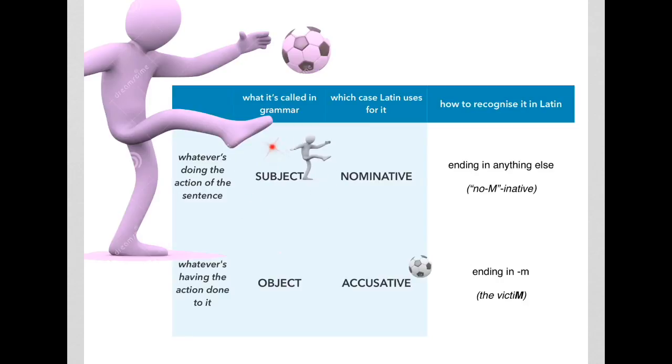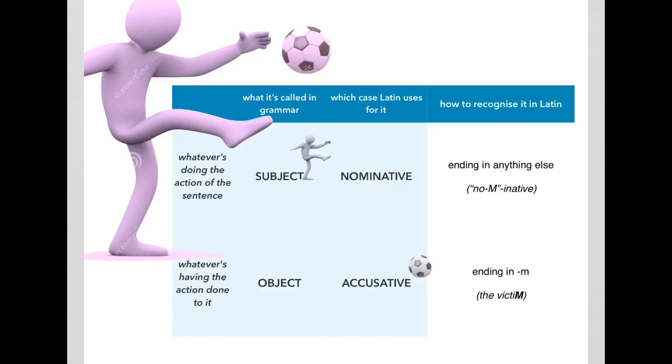So the blackbird eating the frog, the blackbird's the subject and the frog is the object. Now in Latin you've got two different cases or endings which the language uses to express these two things. So the subject is always in what we call the nominative case, and the object, the thing that's being kicked or eaten or fallen on, is always in the accusative case, so it has an accusative ending.